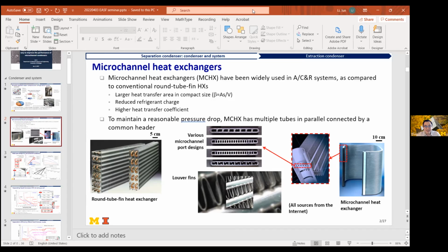So I'm wondering how much the surface modification will play a role in the heat exchangers. So many people are working on it. There are many manufacturing allowances, many surface design allowances, but I'm just wondering how much it can impact, for example, the coefficient of performance.